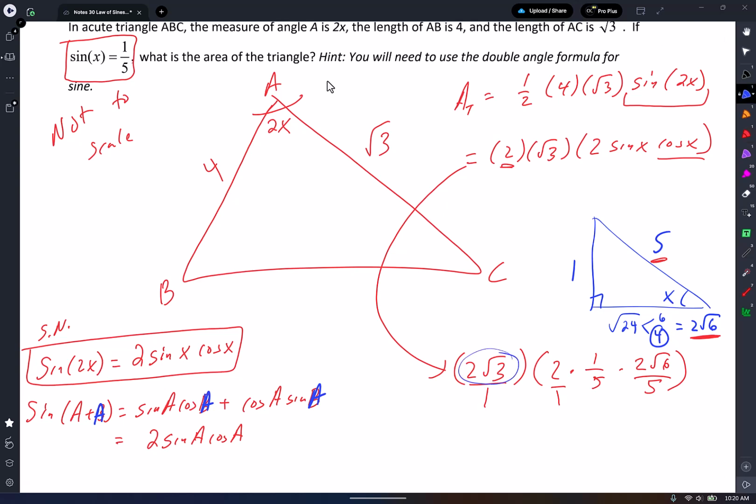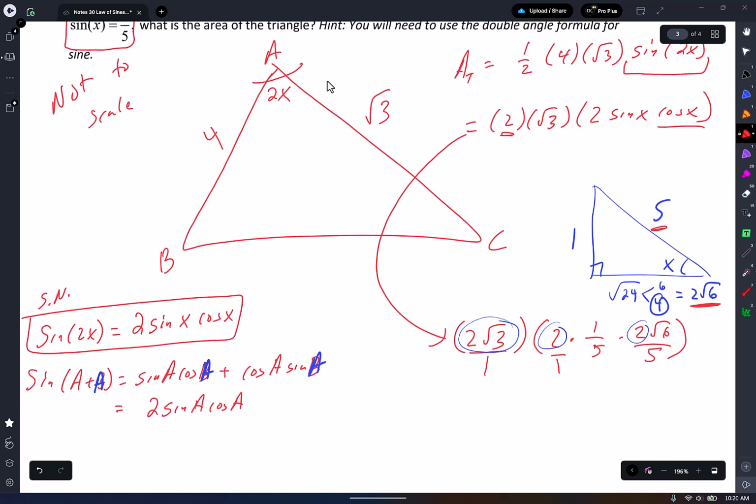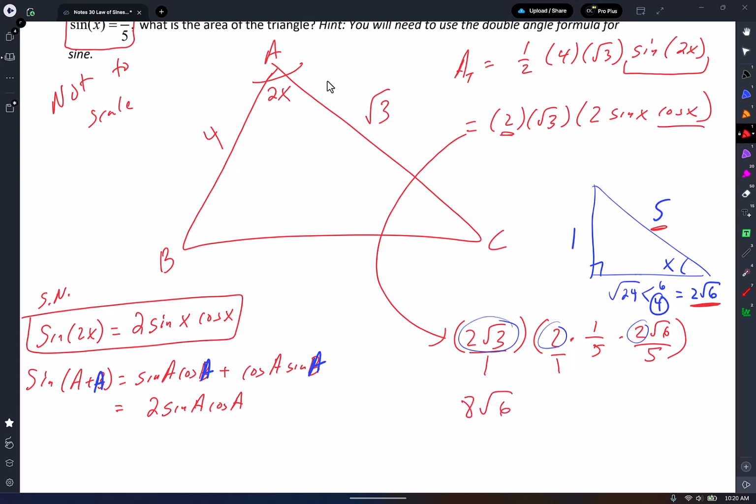2 square root of 3 times 2. That's 4. And then 4 times 2? 8. And I still have that radical. 8 square root of 6. Did I do everything correct? 1 times 1 is 1. 5 times 5 is... I see an arrow already. How come you guys didn't tell me?